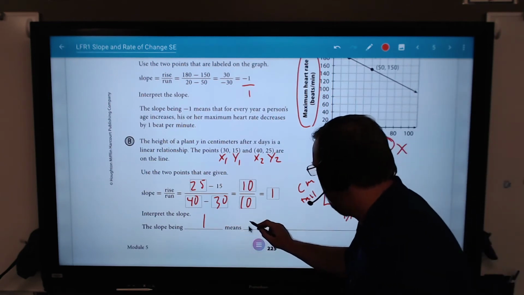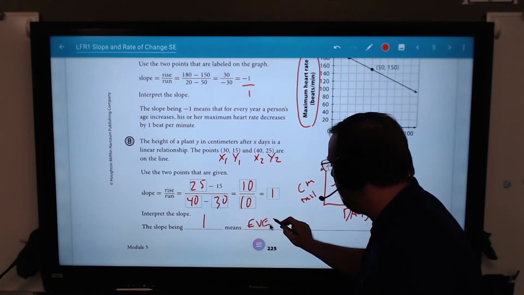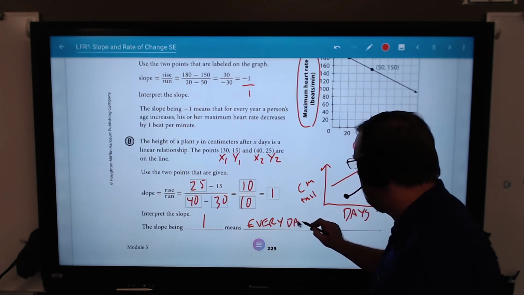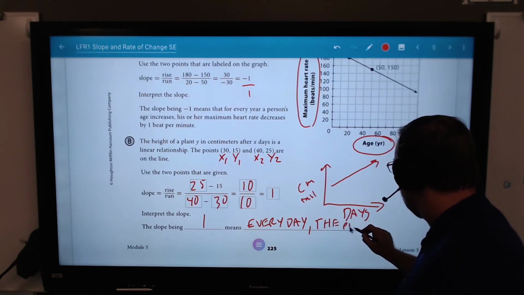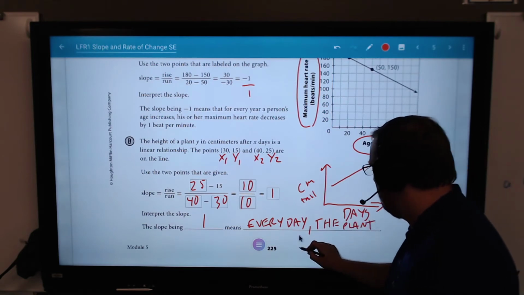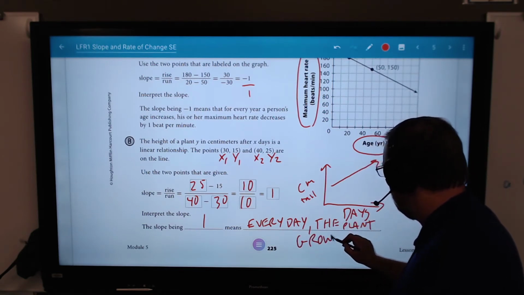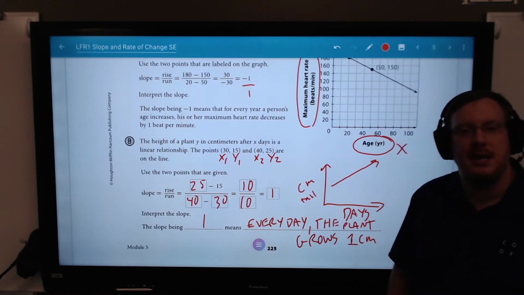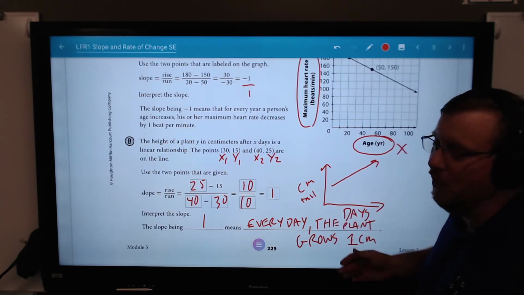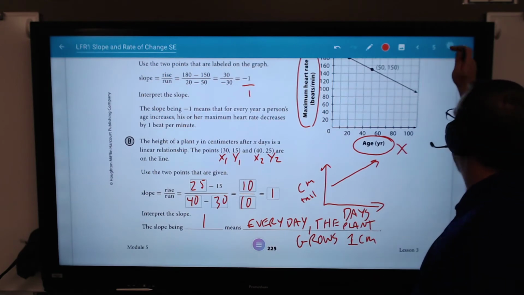Every day, the plant grows 1 centimeter. That's our interpretation. They're both 1, right? Not great examples when they are the same thing.